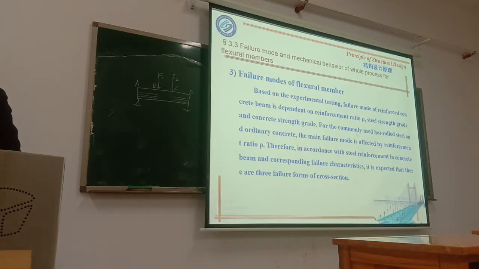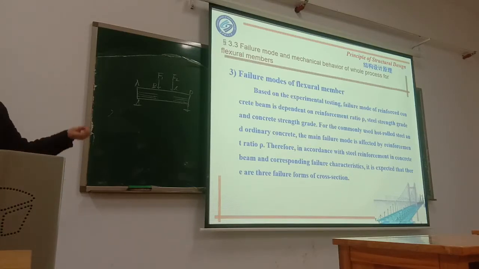See here, they mention that not only the reinforcement ratio, but also the steel strength and the concrete strength. If you use super strong concrete, maybe the situation is a little bit different, because now some concrete strength can reach that of high grade steel.